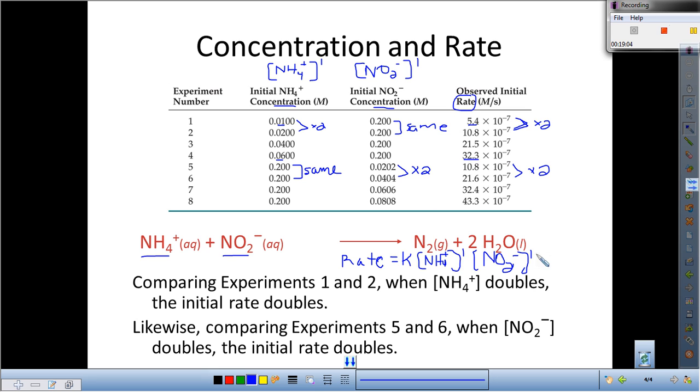And we've just come up with our differential rate law using what we call table logic.